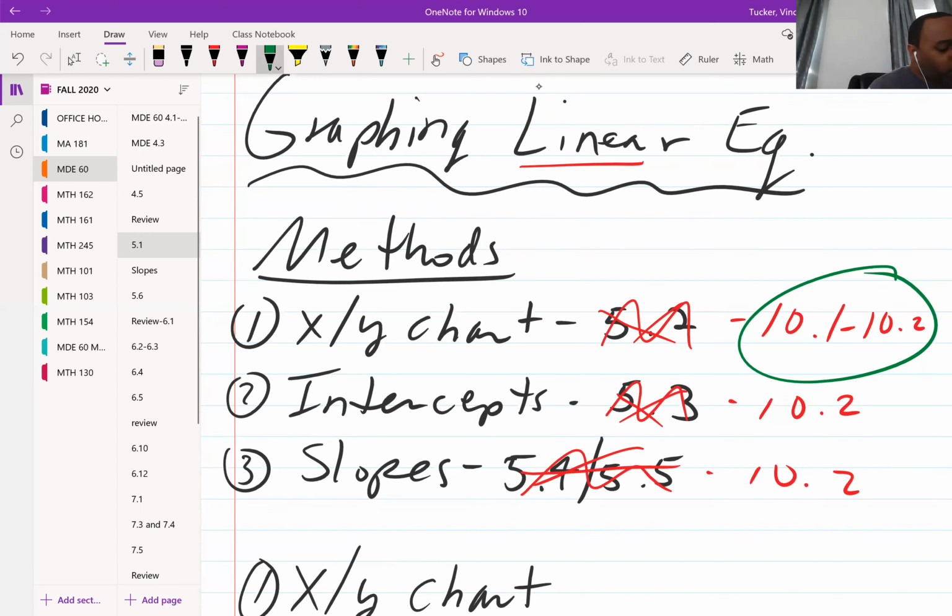Then in 10.2, you graph using your intercepts, and also you can graph using your slopes. We're just going to do one of those today, but 10.2 covers the other two.